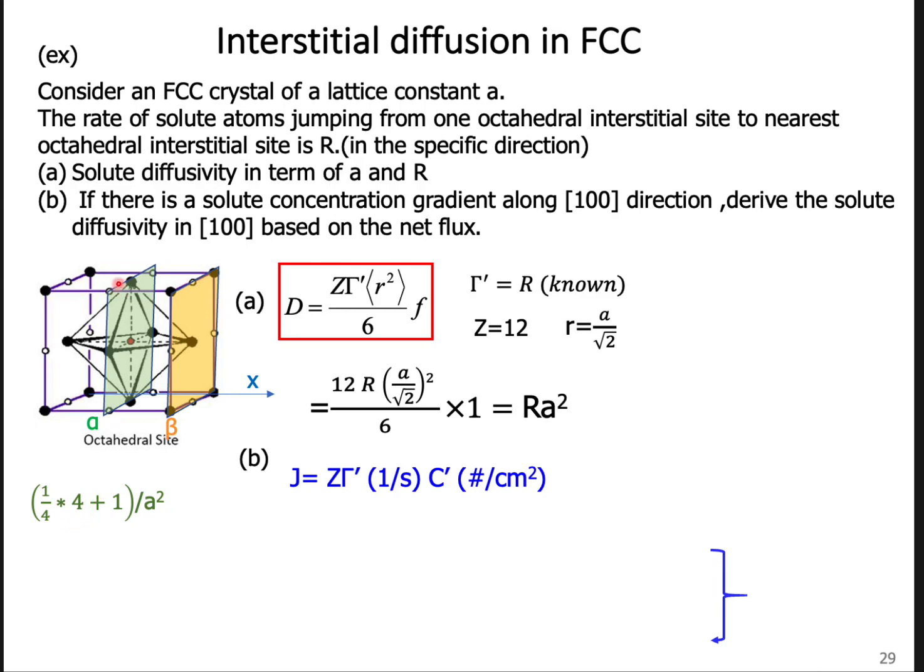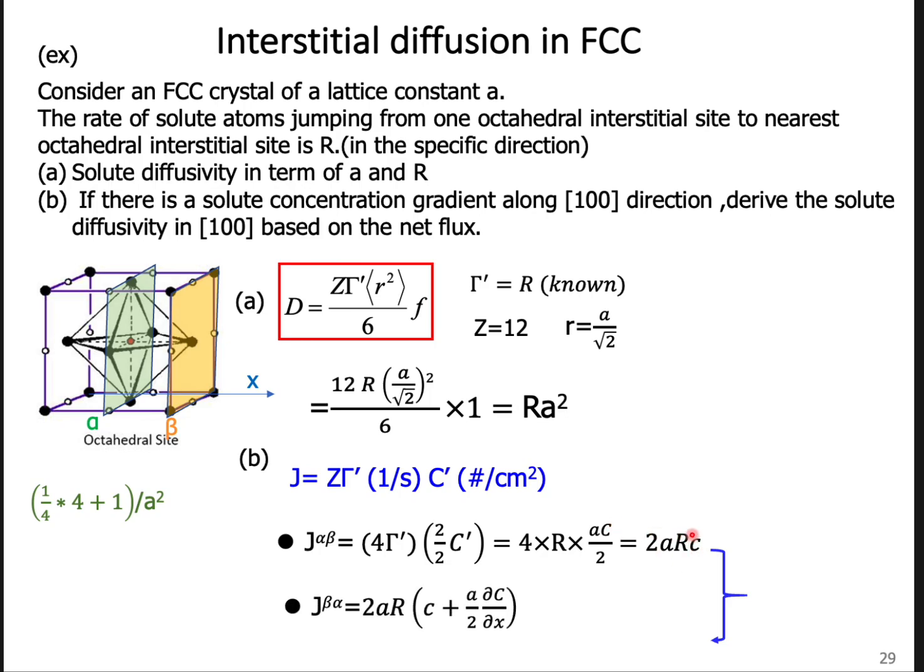So actually, we have 2 atoms, and each can jump to the beta plane with 4 directions. So that's 4 gamma prime, and 2 atoms can jump to the beta plane. So let's set the results here. As you know, this is alpha and beta, and we change C to an expression like this, to get the expression of the concentration of interstitial atoms at the beta plane.